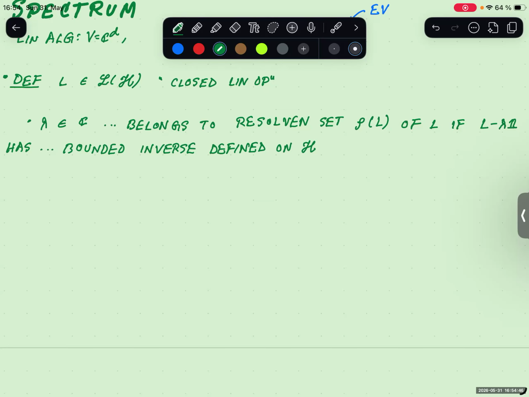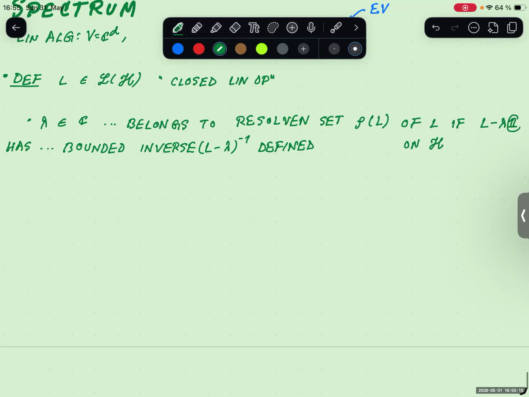Okay, not the usual sense. I mean, not the sense of a linear operator on a dense subspace. So maybe good to be very explicit here. So let me just write lambda, but always to be understood in the sense of lambda with identity, defined everywhere.